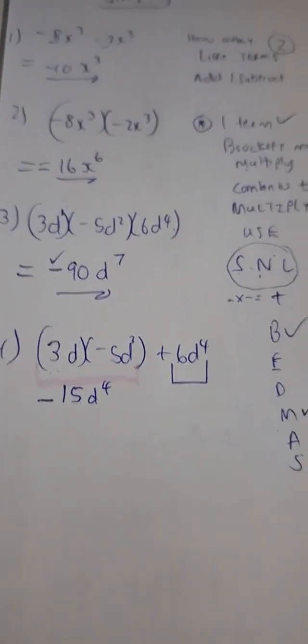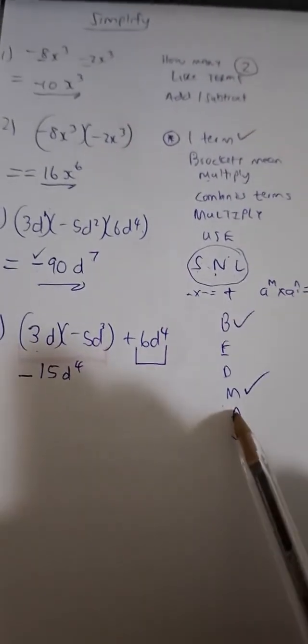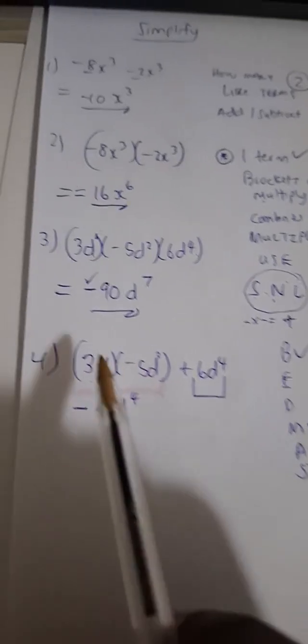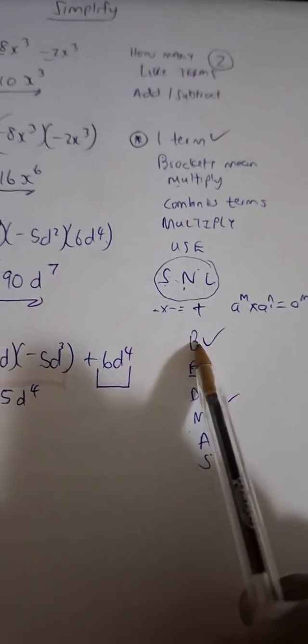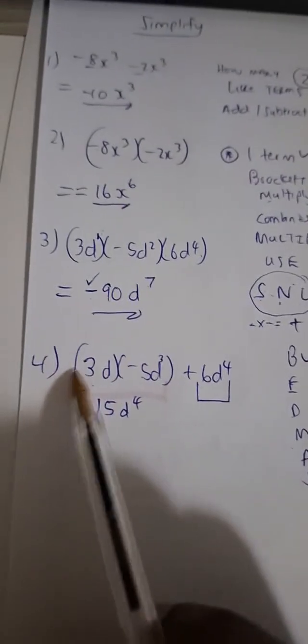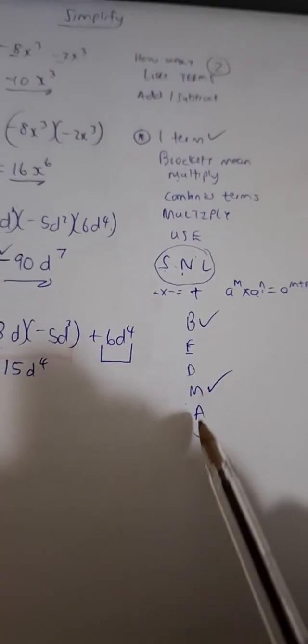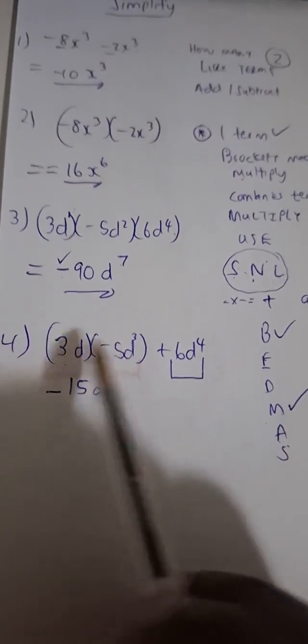When we are about to do simplification, we consider BODMAS: brackets, exponents, division, multiplication, addition, and subtraction. Because this is 1, we first sort out the brackets, because brackets mean multiplication, and multiplication comes before addition. So we are only concerned about these two that are multiplied.